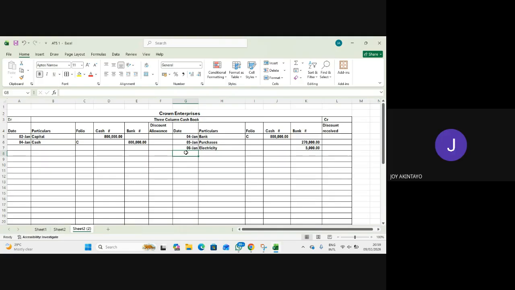It's true. Same date, 6th January. They will now put our rent. So how much? 7,000 naira.